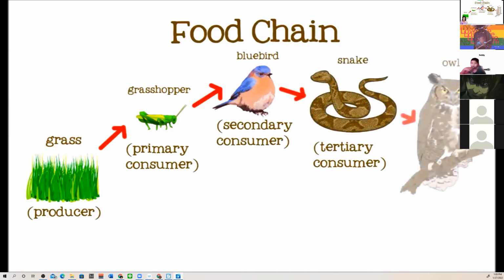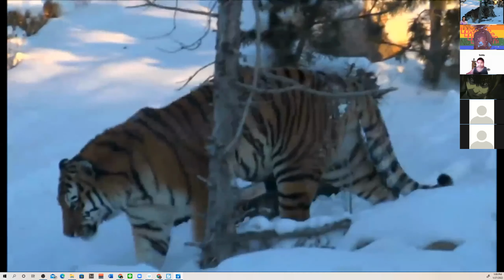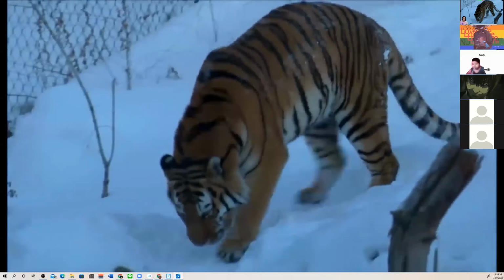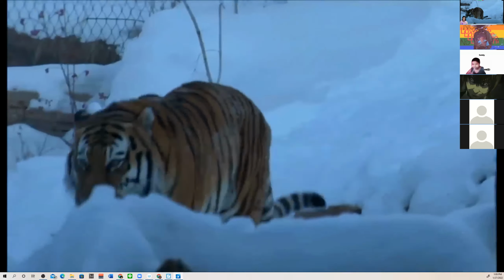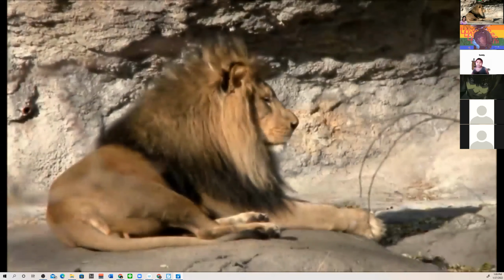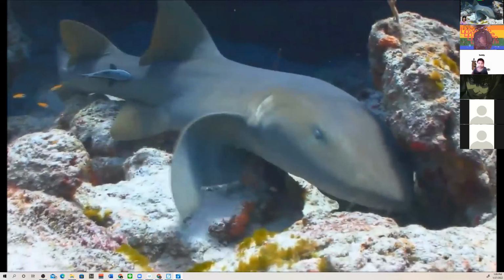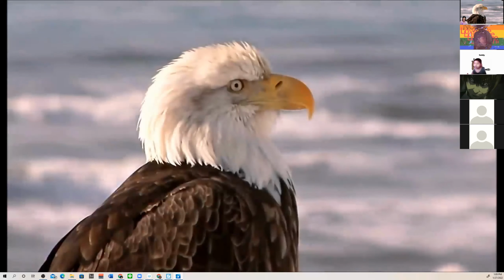The snake is eaten in turn by an owl. The owl is the apex predator in this food chain. Apex predators are not hunted and eaten by any animals. We say that they are at the top of the food chain. You probably recognize a lot of apex predators, like lions, sharks, eagles, and crocodiles.